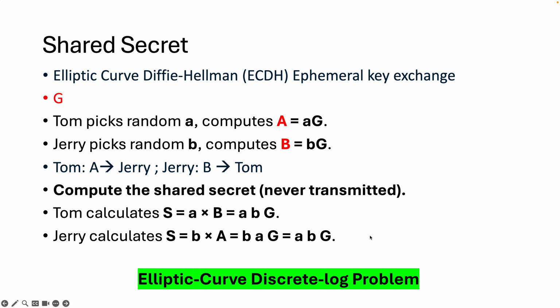If he wants to recover them from A equals little a times G or B equals little b times G, he needs to solve an elliptic curve discrete log problem, which is also computationally infeasible. This is also a one-way math function, so this will take billions of years.